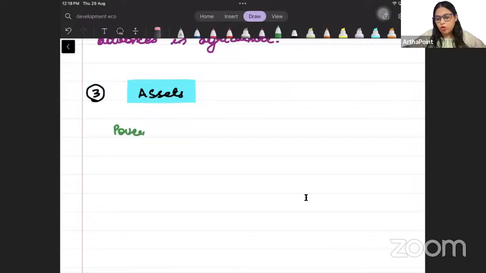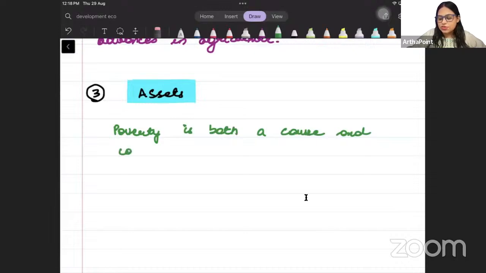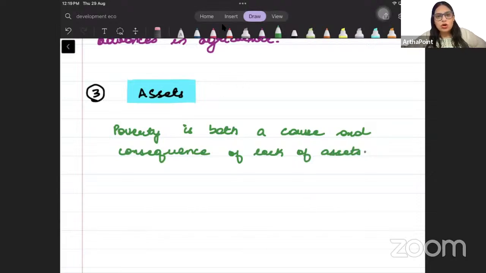Please write: poverty is both a cause and consequence of lack of assets. Poverty is a cause and consequence of lack of assets.